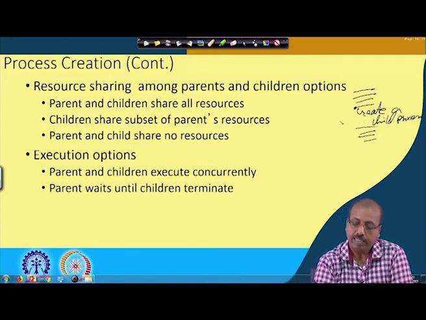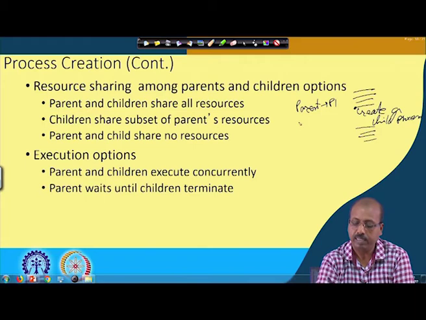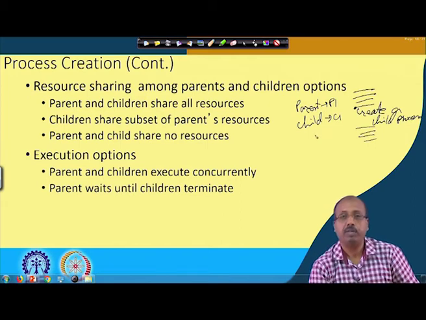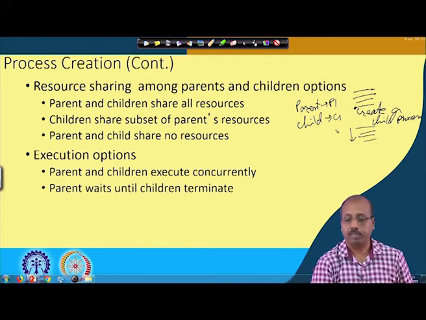Suppose this parent process was P1, and the child that is created is the process C1. Now, in my system I have got two processes, one is P1 which after creating the child will continue, and another is the new child process that is created. So, it will do something.